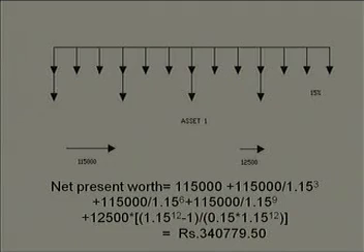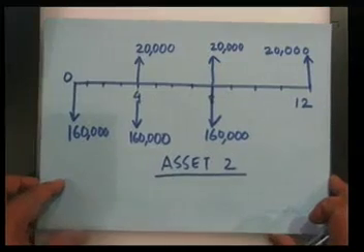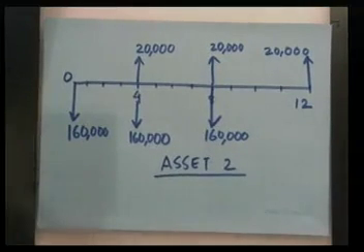For finding the net present worth, first we will see the asset 2 part. Let us bring the asset 2 part here. How to calculate net present worth, that is the problem.